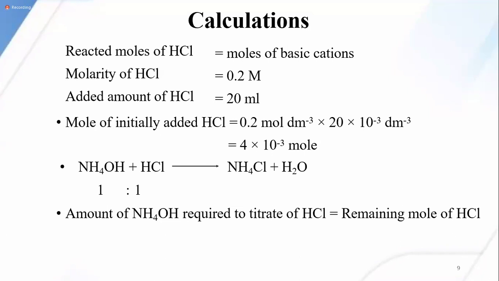For that we take so many readings and get the average. So when you are doing the calculation, please be careful. You have to note the readings and then do the calculations.